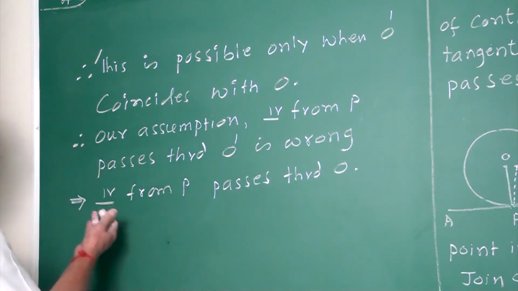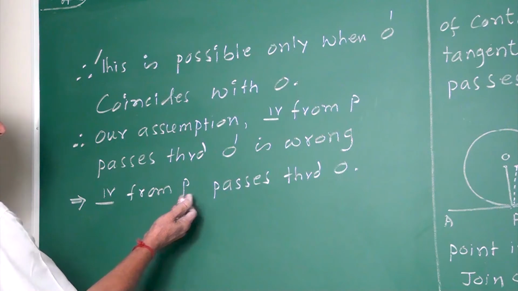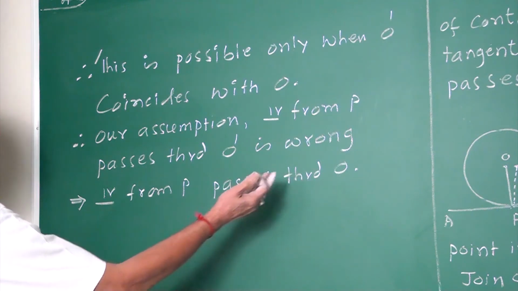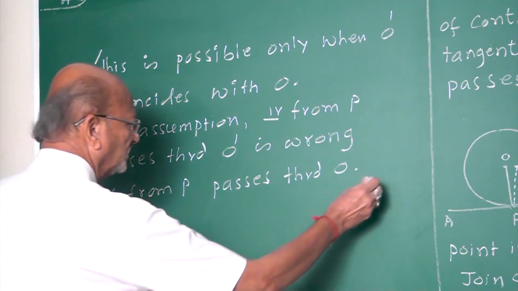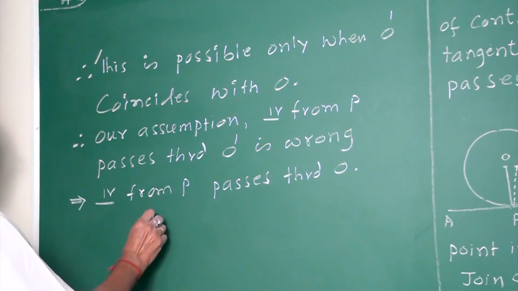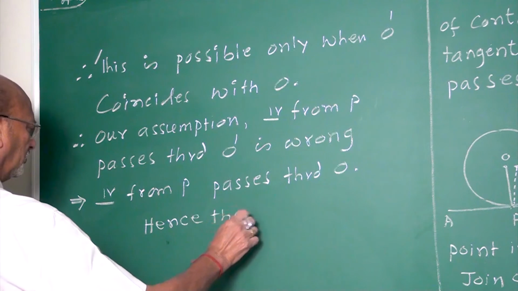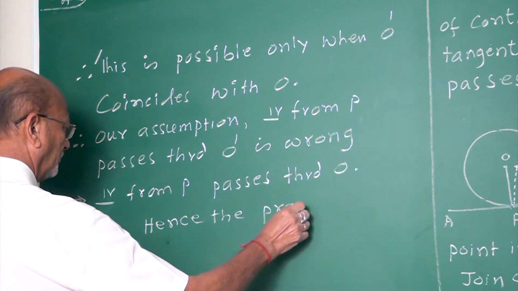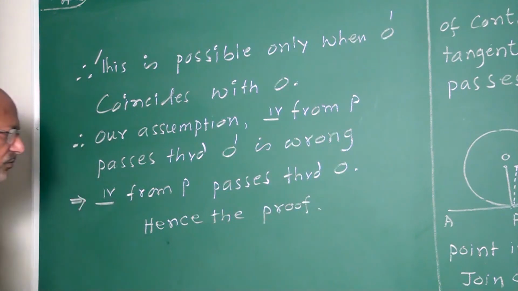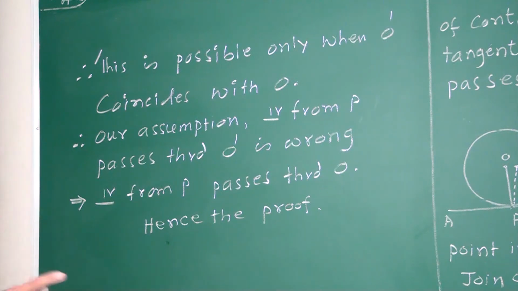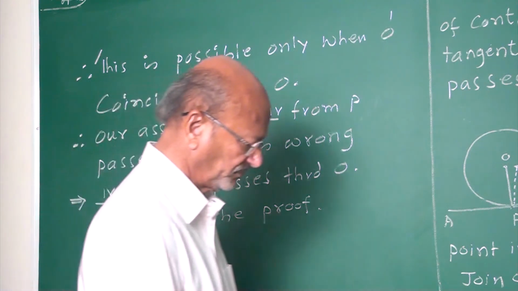If you want it in detail, the perpendicular from P, where it is a tangent, passes through the center of the circle. Hence the proof. Let's copy it for one minute. I will explain once again.